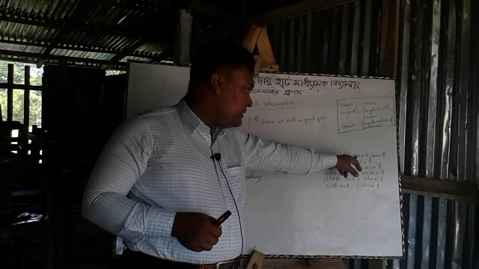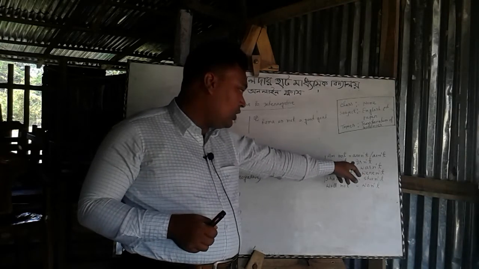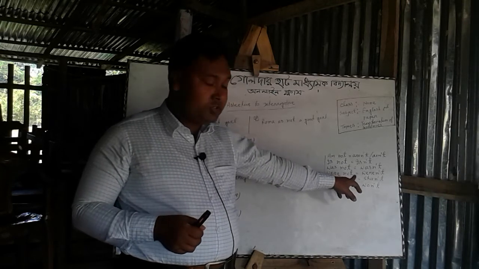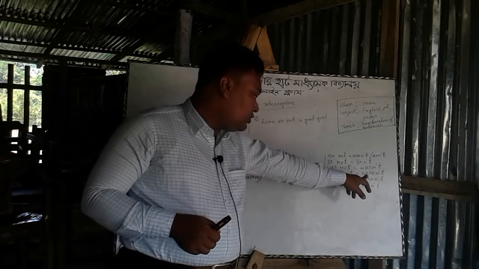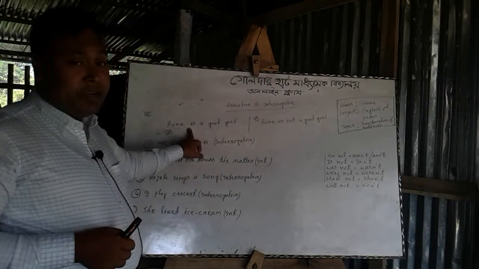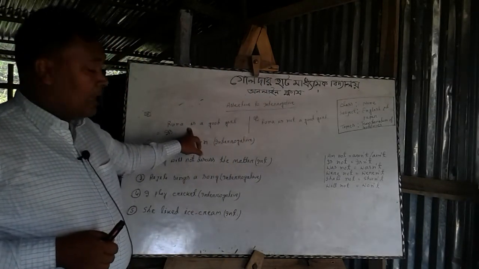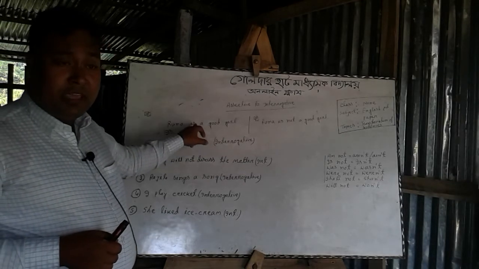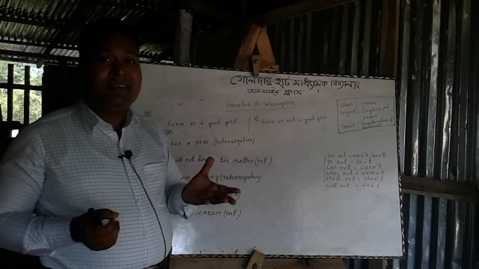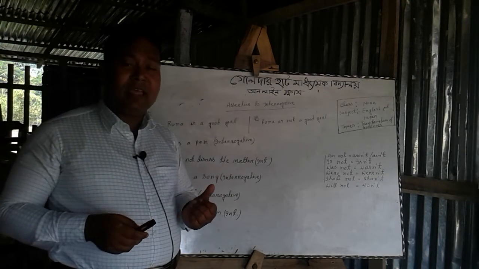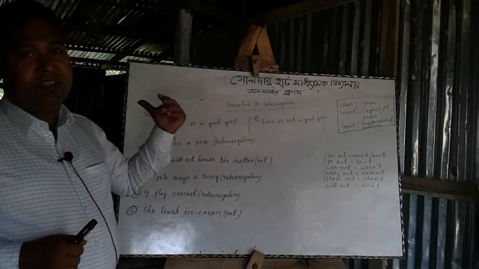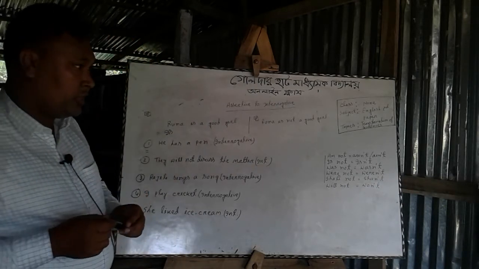Am not, that means aren't or ain't. Is not, isn't. Was not, wasn't. Were not, weren't. Shall not, shan't. Will not, won't. So if not is not used after the auxiliary verb, we will add not mentally with the auxiliary verb and then write the short form of the auxiliary verb before the subject of that sentence to transform it into interrogative.